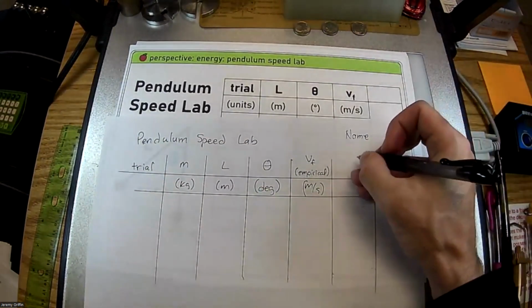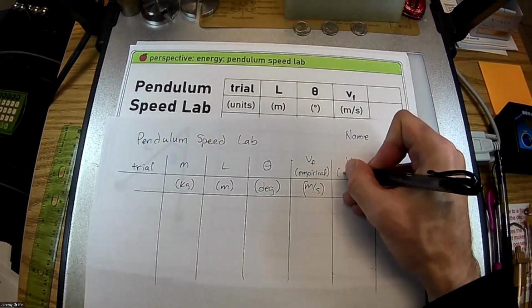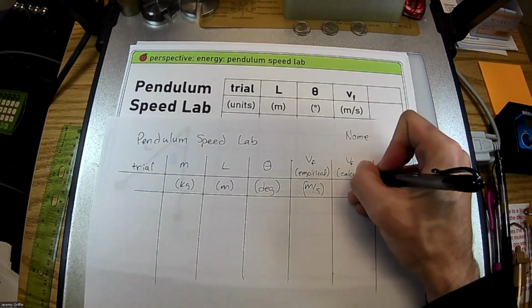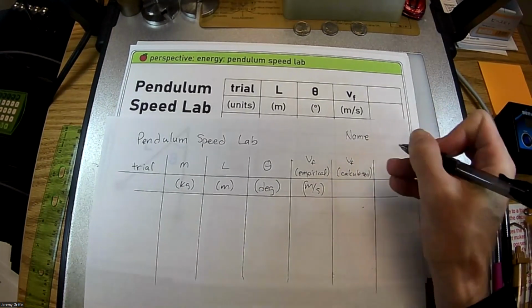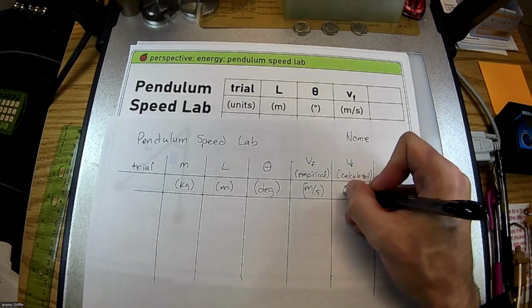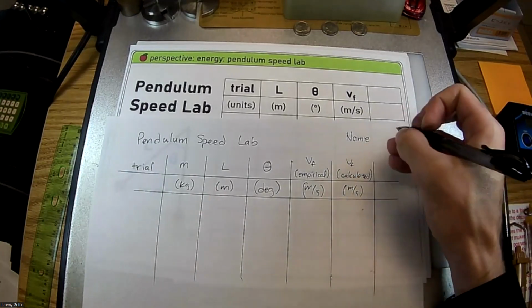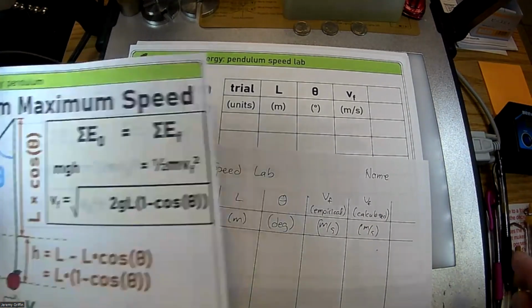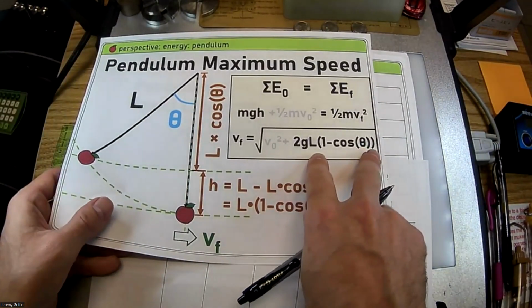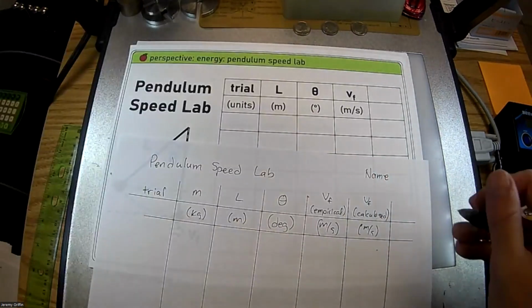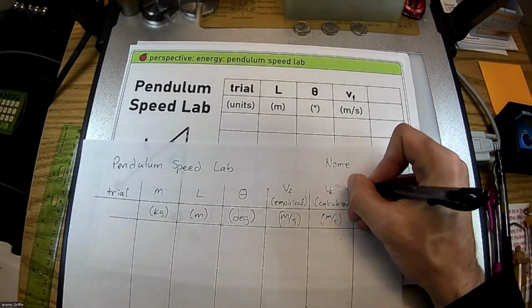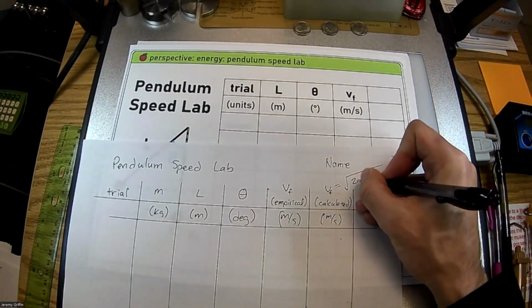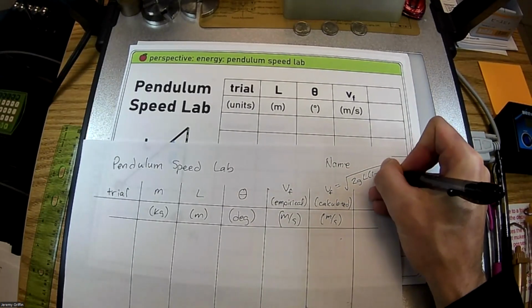And then the speed I'll say calculated, as a theoretical value. It has the same units, but that would be equal to this expression right here: v equals square root of 2gL(1 minus cosine theta).